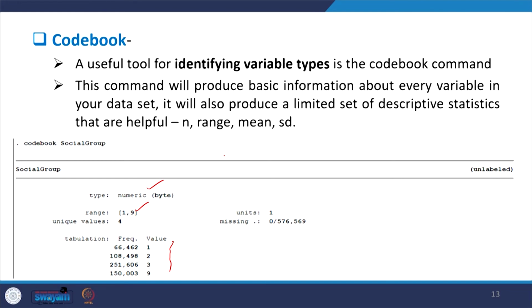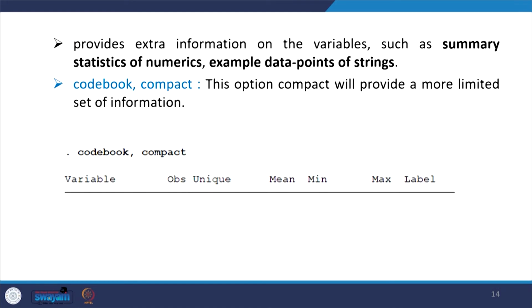Then this command will produce basic information about every variable in your data set, and it will also produce a limited set of descriptive statistics that are helpful. Usually descriptive statistics like n, range of the data, mean and standard deviation, you can get. Now this provides extra information on the variables, such as summary statistics of numerics, example data points of string, what string entries are there, what their labels are.